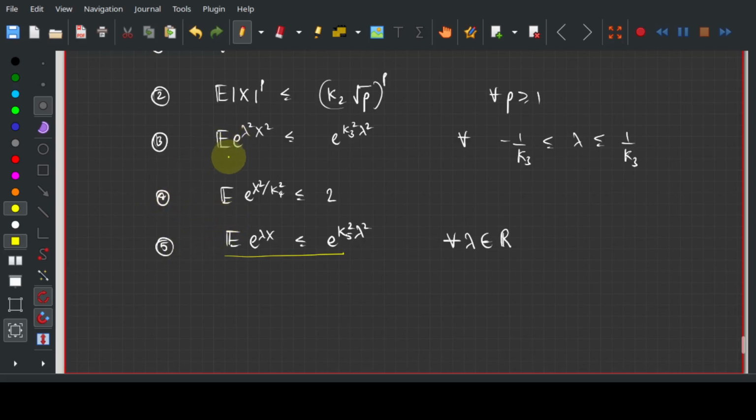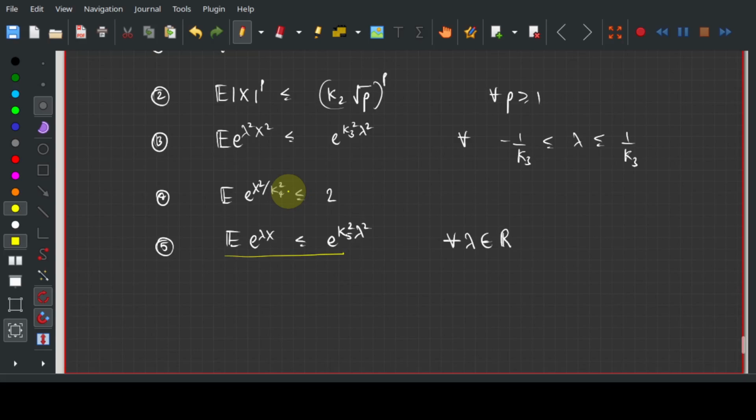In fact, we don't even require something this strong. Even if the moment generating function of x square divided by some constant is bounded for some particular constant K, then the random variable turns out to be Subgaussian. If x is Subgaussian, then x square is also Subgaussian.